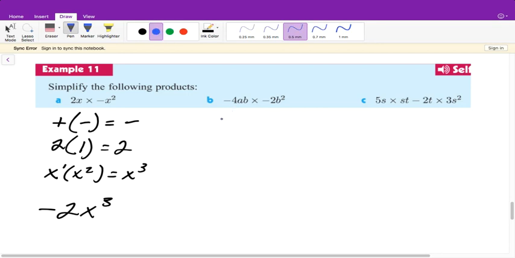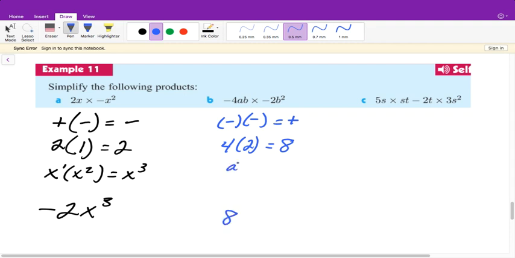All right, here we have a negative times a negative, and anytime we multiply 2 negatives, that gives us a positive number. I'm not going to write positive here because if we just have a standalone term, you don't have to write positive. If there's no negative sign written, it's understood to be positive. Then we'll multiply our coefficients. So 4 times 2 is equal to 8. So now I have a positive 8.